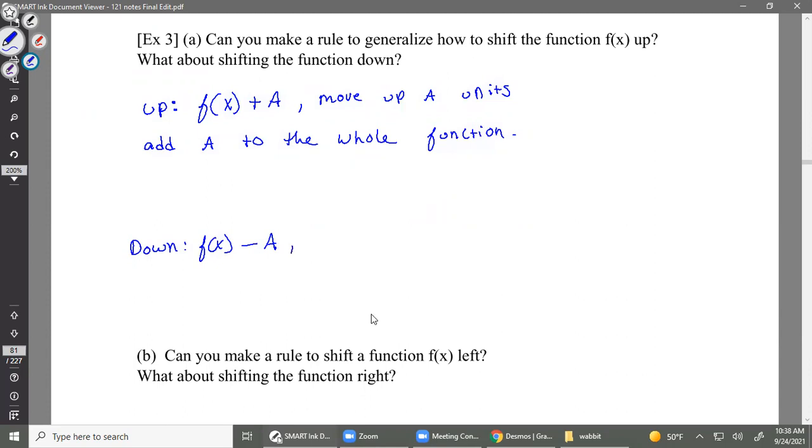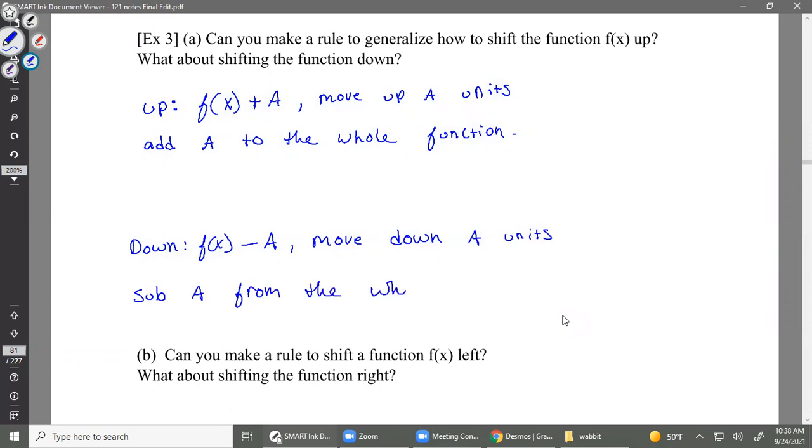And so what that does is it moves it down a units. Putting this in words, we can subtract a from the whole function. So if we subtract a from that whole function, we're moving it down.